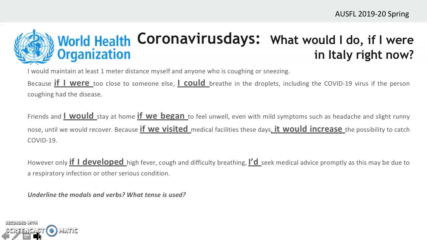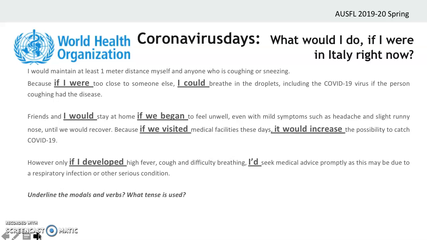If I were too close to someone else, I could breathe in the droplets. Okay, so in the if clause part, you can see that if I am is not used. So we use the simple past. And after the comma, I could breathe is used. So instead of can, could is used.